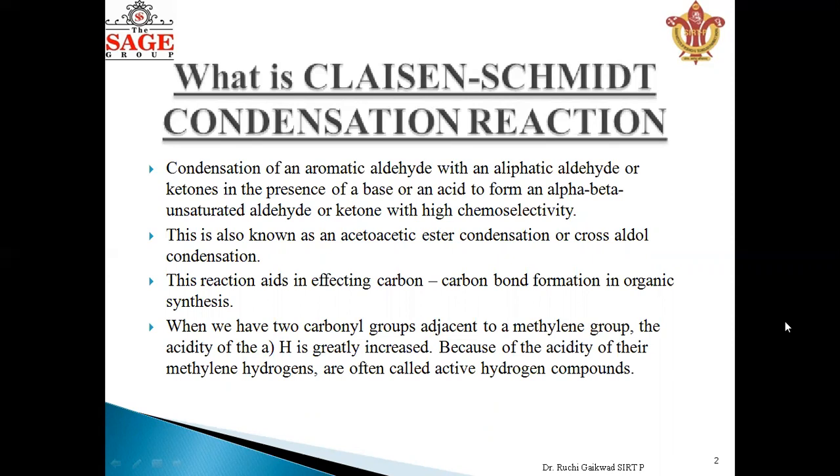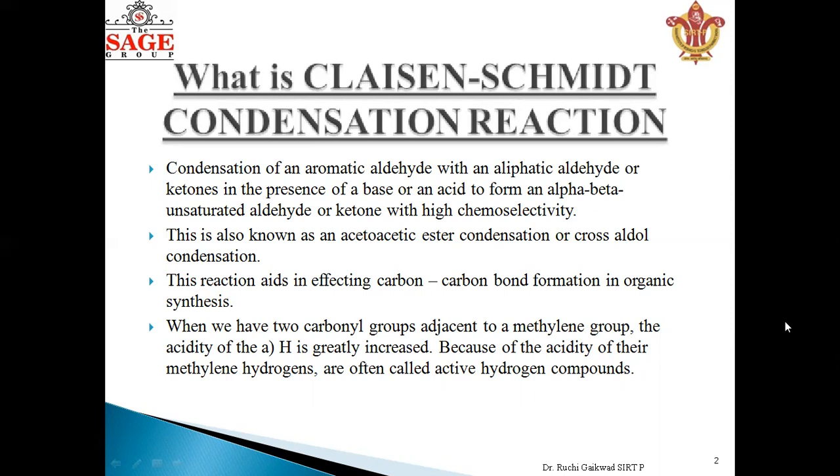Means we have to use the aromatic aldehyde with any aliphatic aldehyde or ketone, in the presence of any strong base or acid, and it gives us the alpha beta unsaturated product. This is also known as the acetoacetic ester condensation, or it is also called a cross aldol condensation reaction.